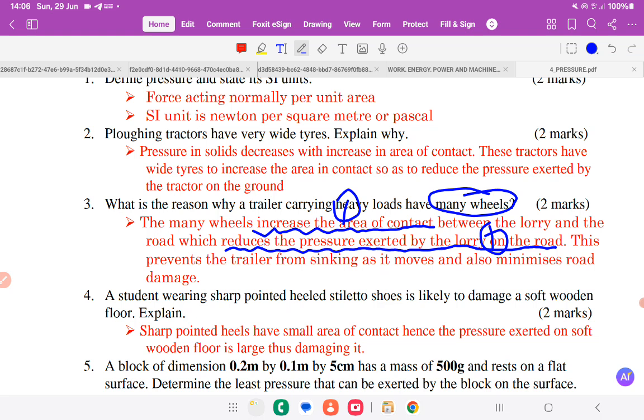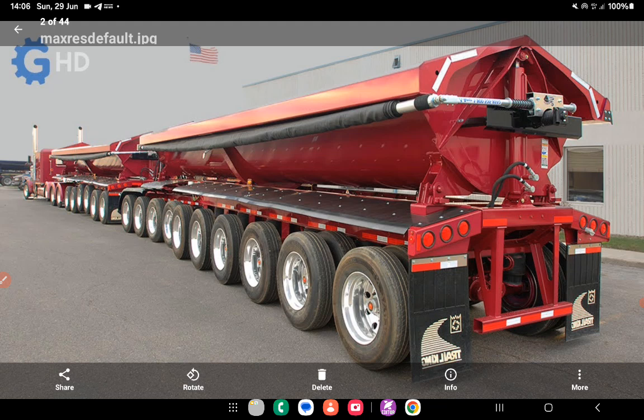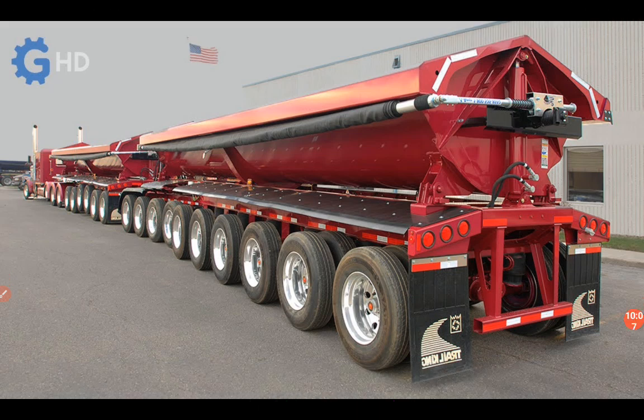So always think in terms of pressure. The trailers, sorry, this is a trailer example of it. Trailers are made up of many tires. You can see here there are many tires. You have double tires.